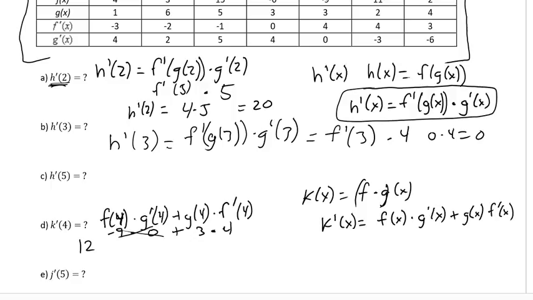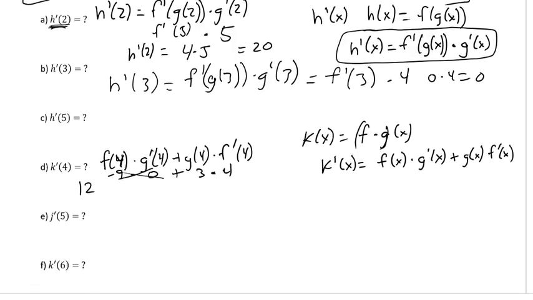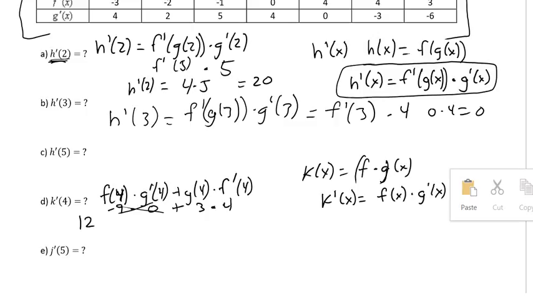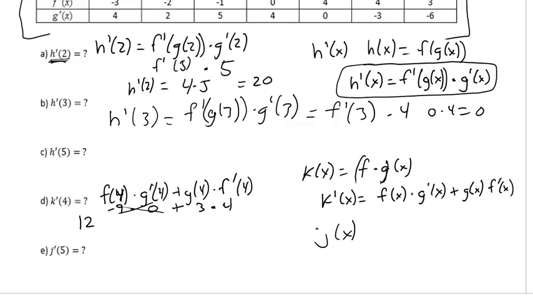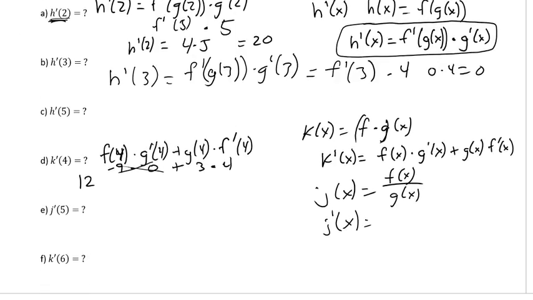J prime of 5. Well, I have to know j of x is f of x divided by g of x. So if we want j prime of x, we'd have to use the quotient rule, which would be the denominator times the derivative of the numerator minus the numerator times the derivative of the denominator, all over the denominator squared.